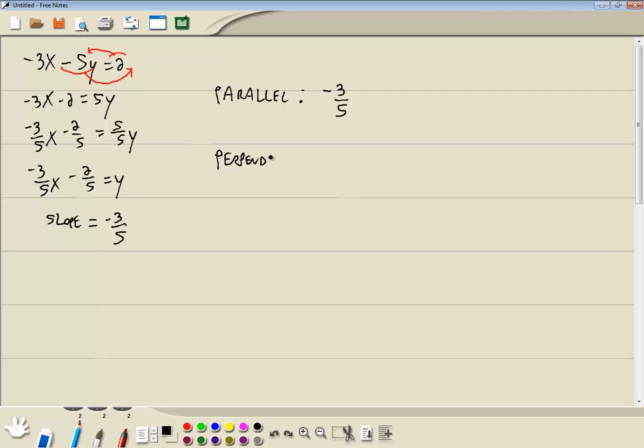Now the perpendicular. Perpendicular lines have slopes that are negative reciprocals. So we're going to start with the given slope.